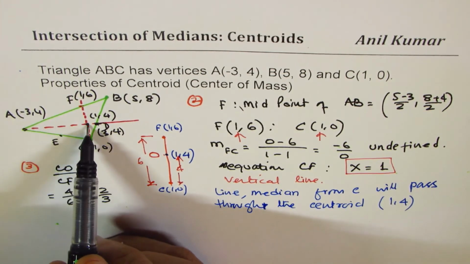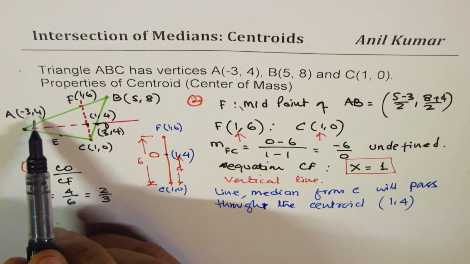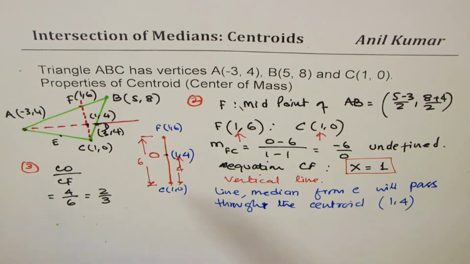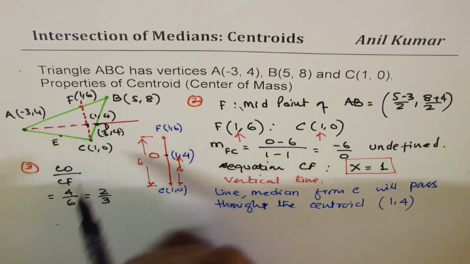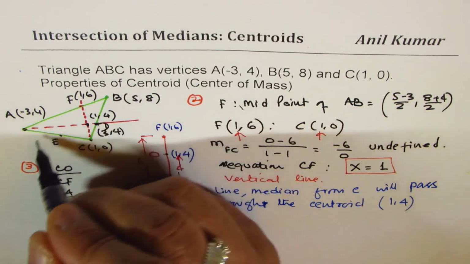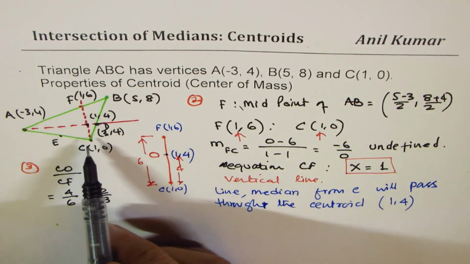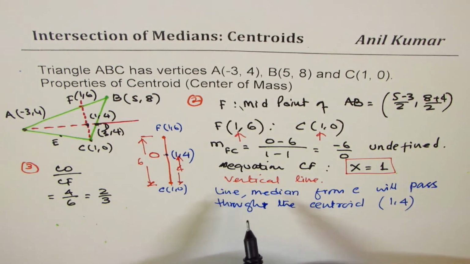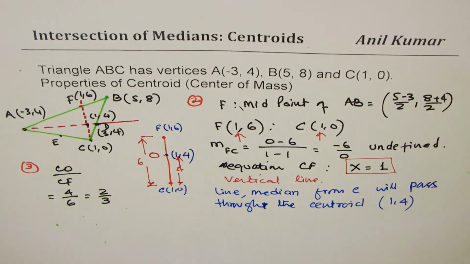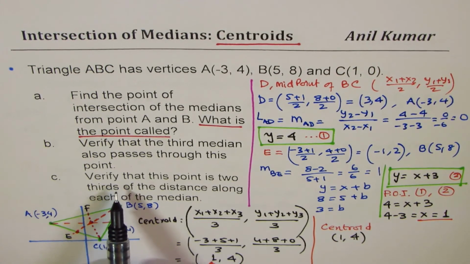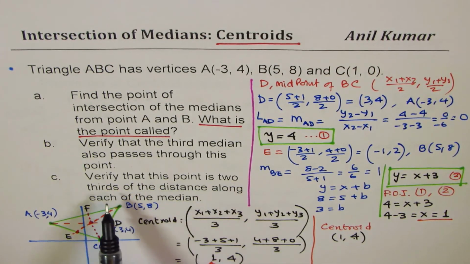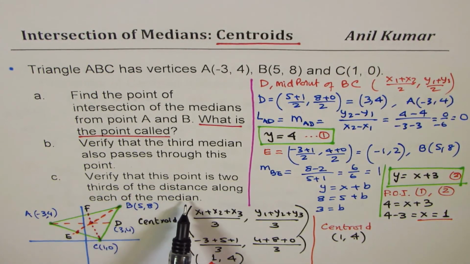And from the vertex to the centroid, it is again 4 units. Correct? And therefore, here also the distance is 2/3, right? So I'd like you to verify that from all these vertices. What I mean to say is part C: verify that this point is 2/3 of the distance along each median.